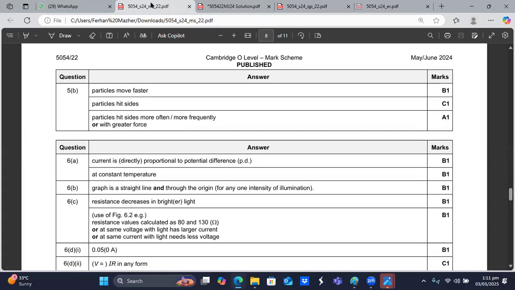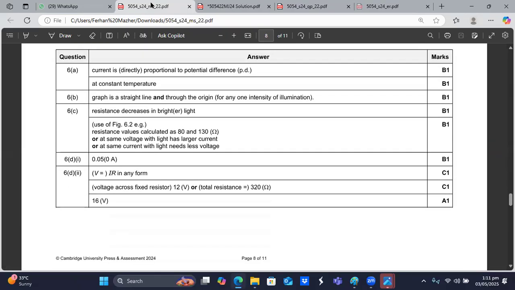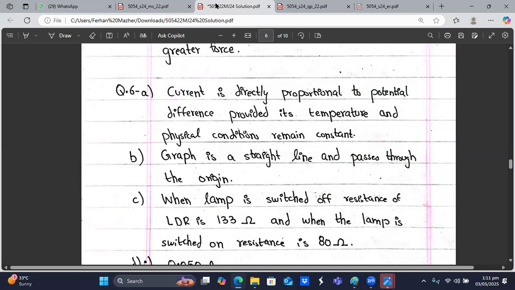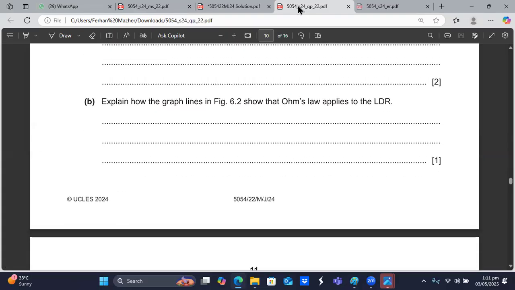They remain constant. So we are on question number 6, part a, and here we go. I told you what normally a student makes a mistake, even though she very well knows what Ohm's law is. But when she writes, she does not use the words across a resistor.